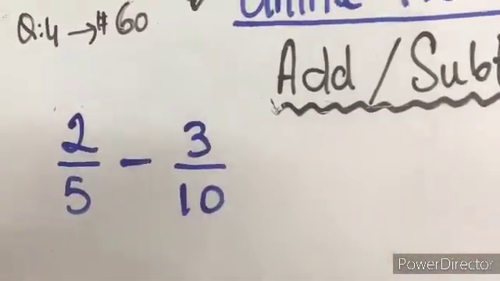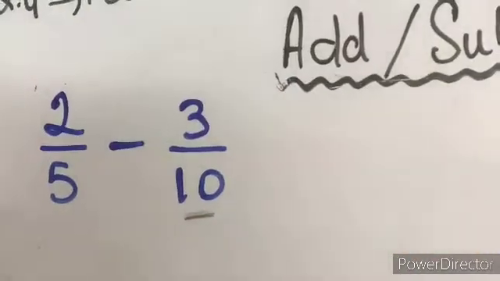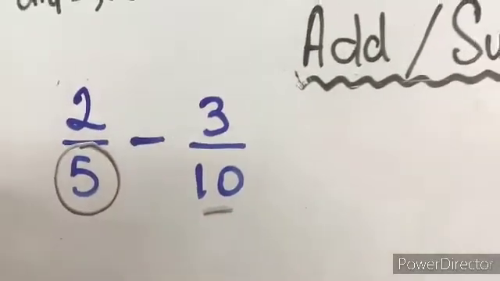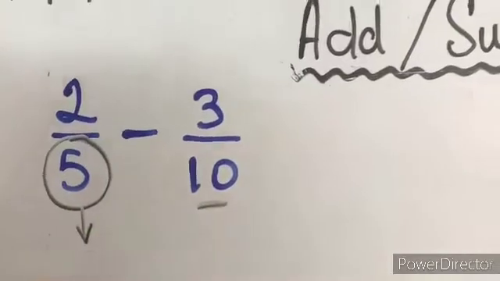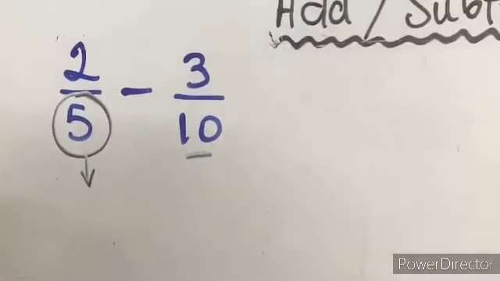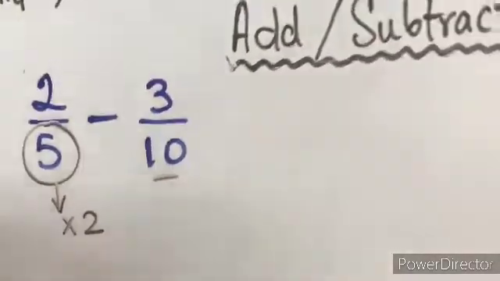The biggest number of the denominator is 10 here. So you will go with the other part of the fraction and you will read the table of 5. Maybe you will have this big denominator in table 5. Okay. So 5 ones are 5 and 5 twos are 10. So simply multiply with 2.